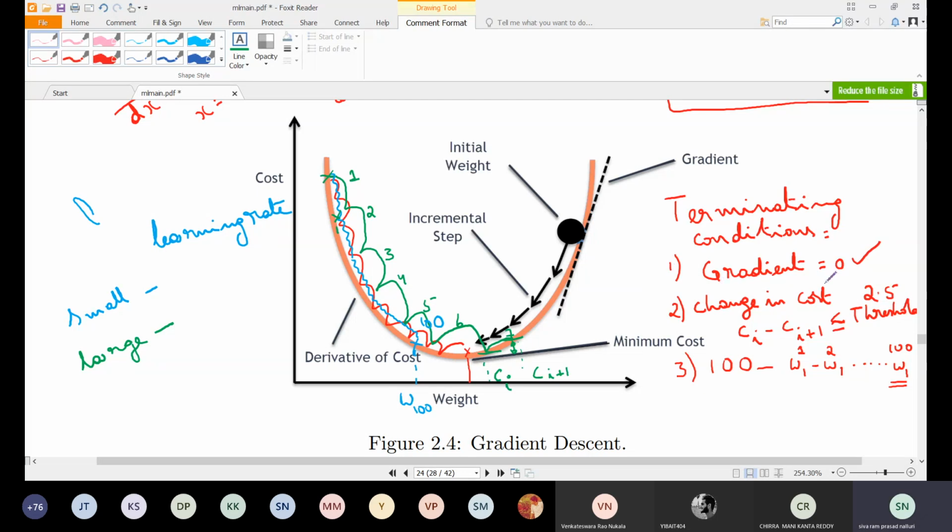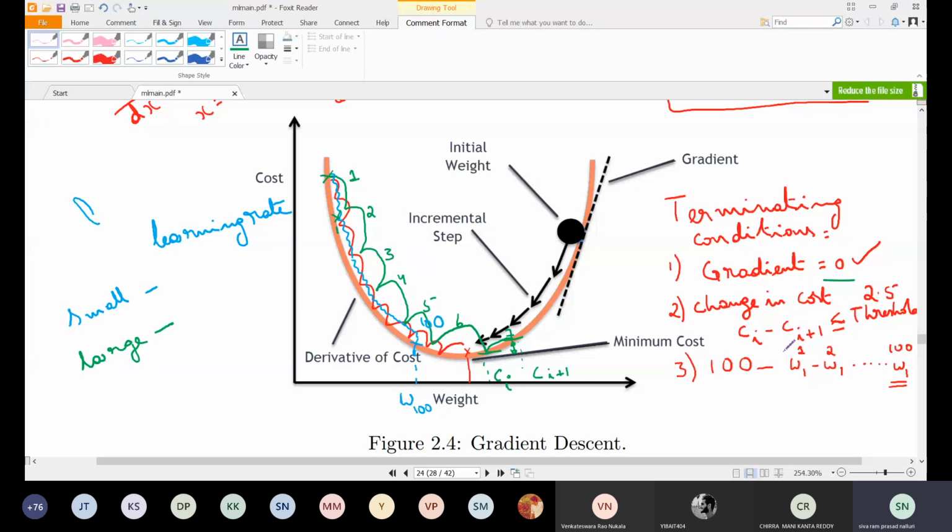Suppose you are lucky, you will come here exactly where the gradient is 0. Okay, otherwise if the change in the cost function between the current iteration and the next iteration is less than or equal to a threshold value, we stop there.